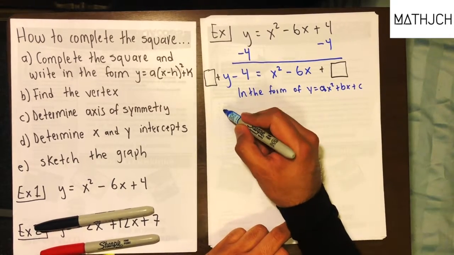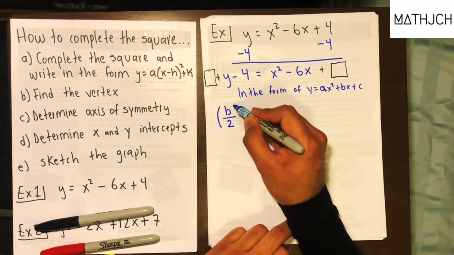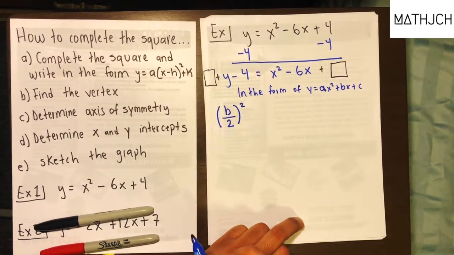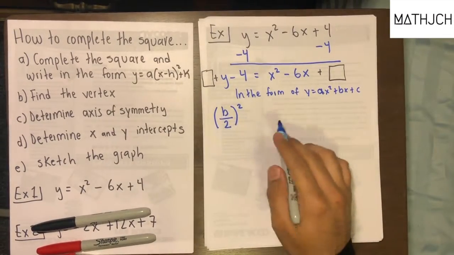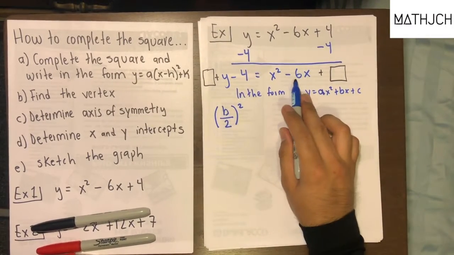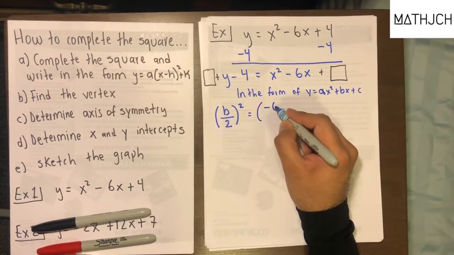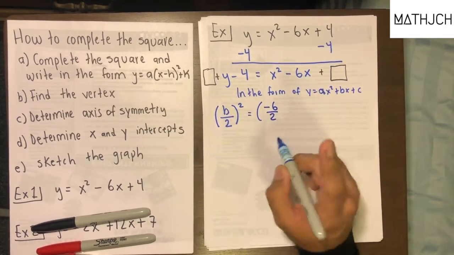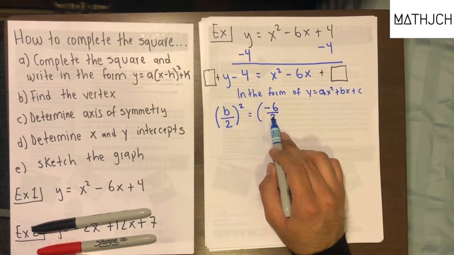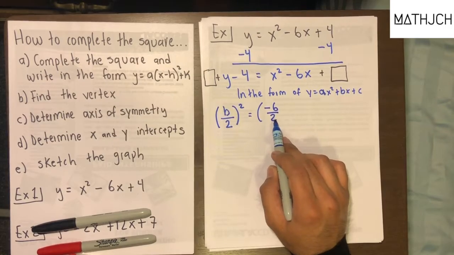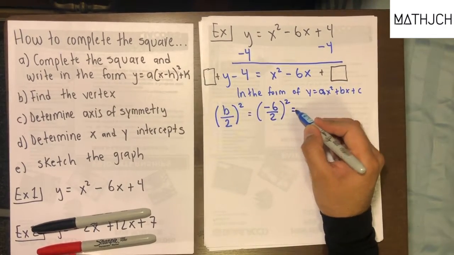We're going to grab it, divide it by 2, and then raise that number to the power of 2. In this case, our b value is negative 6, so we take negative 6 and divide it by 2. Remember, it's always the number in front of x divided by 2. This 2 is part of the formula. And then we square that number.